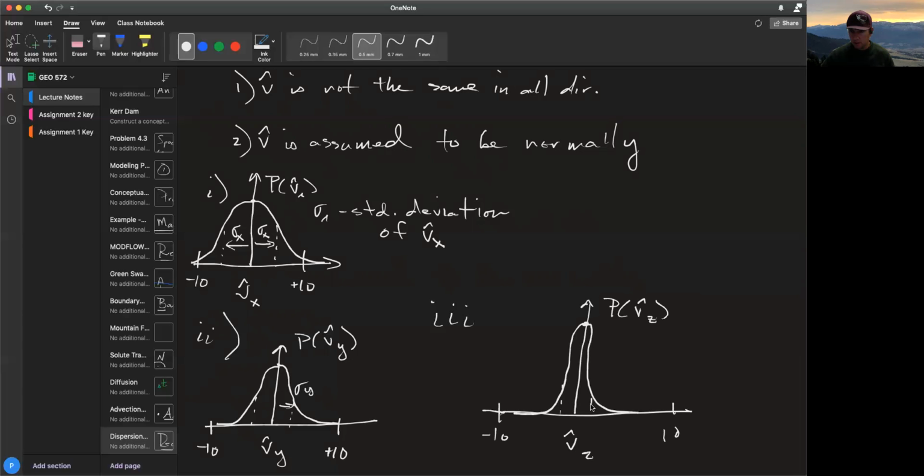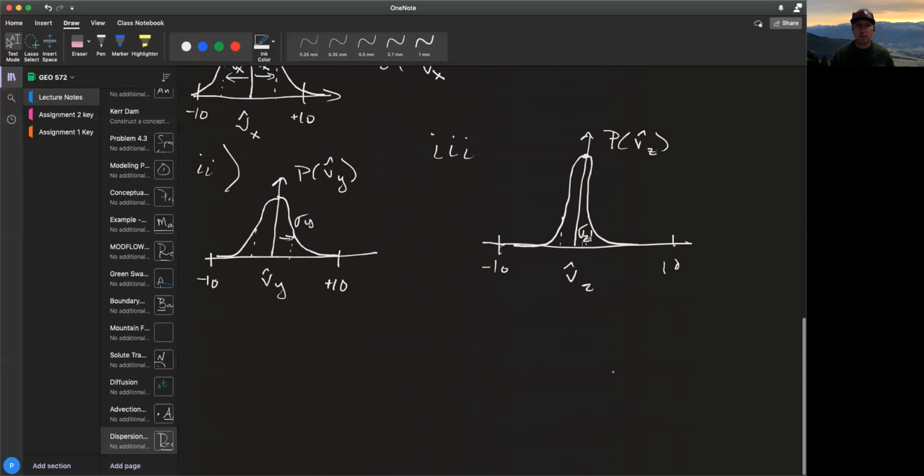And these now are characterized by sigma z, which is the standard deviation of the velocity in the z direction, all right? So we assume that the velocity distribution follows this kind of probability distribution. Most likely value is 0, and then it falls off according to a normal distribution on either side. All right, and that these normal distributions aren't the same in all directions. All right, so here we have different bell-shaped curves or different velocity distributions in the x, y, and z direction.